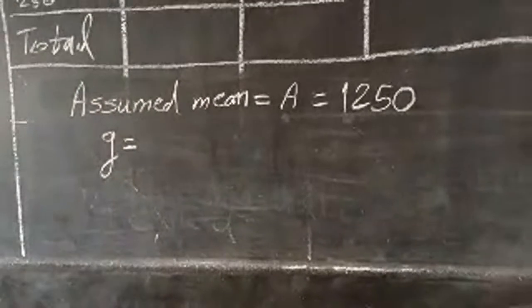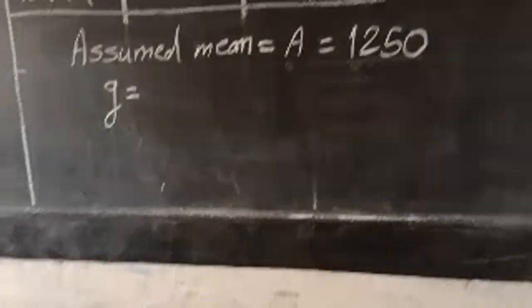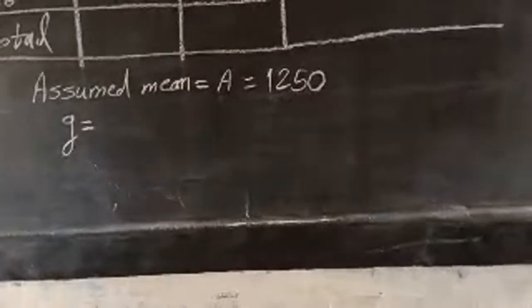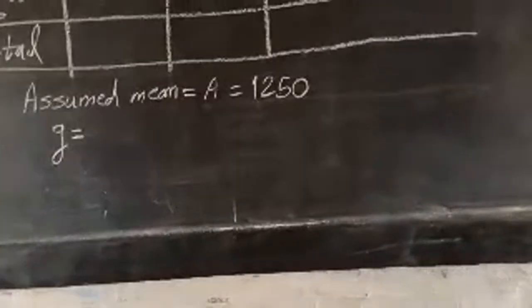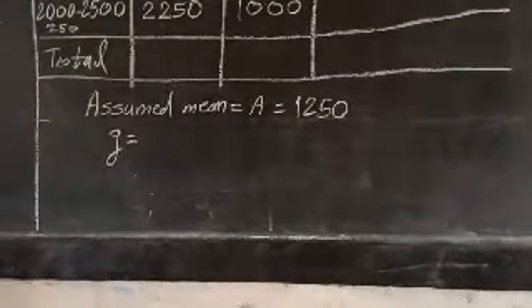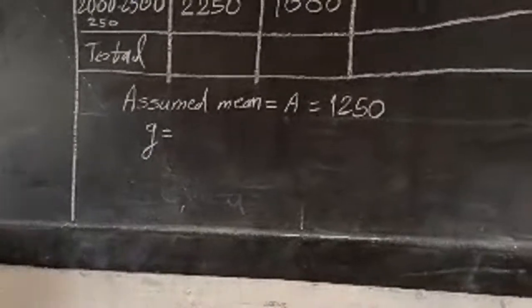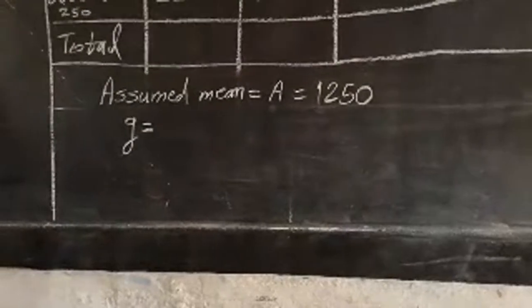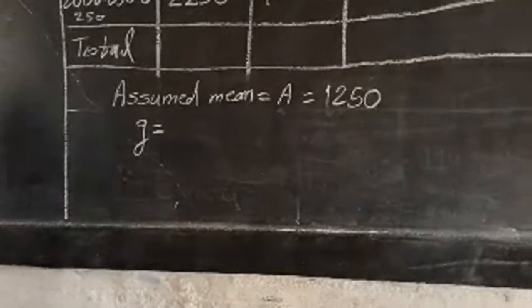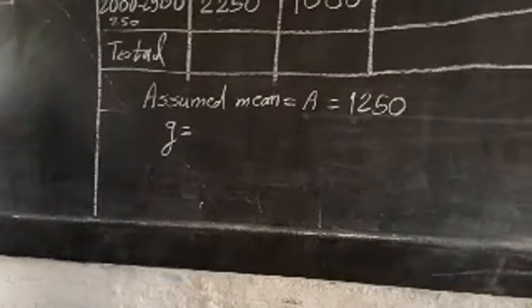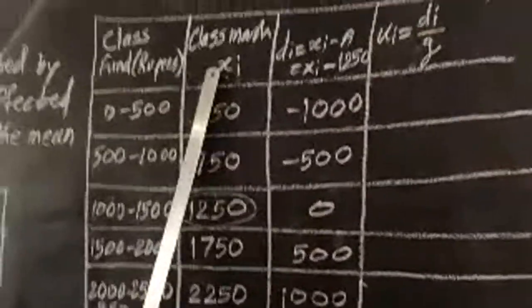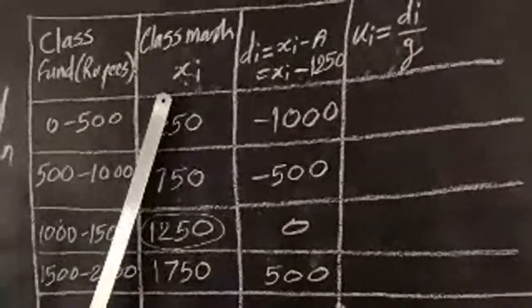First formula of class width: difference between two consecutive class marks.